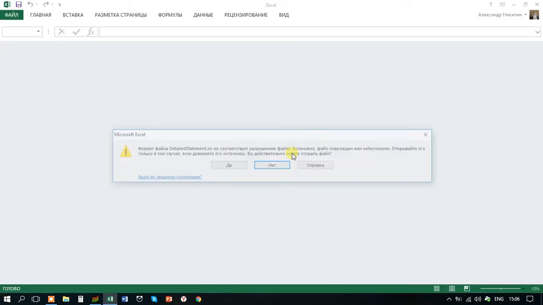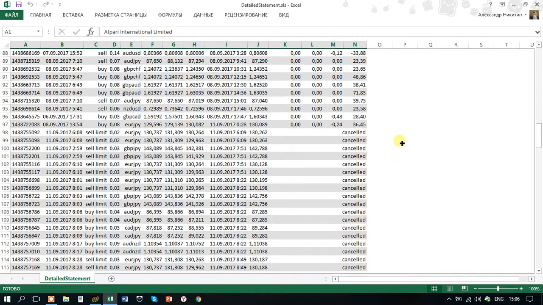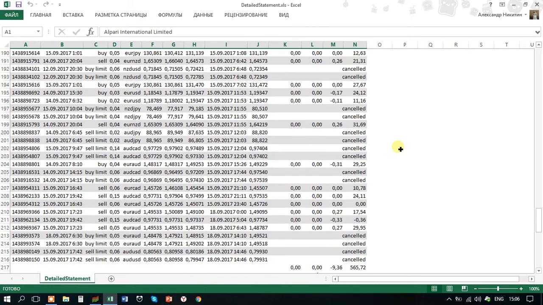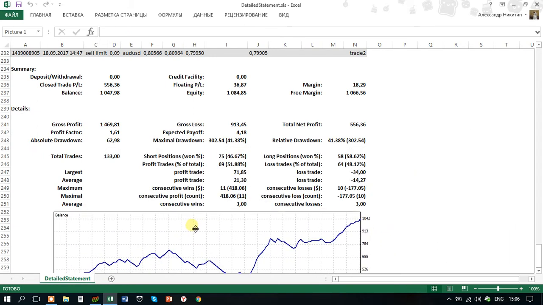If I open that in Excel spreadsheet, I can edit the file, and you will see why I need to edit the file. Okay, now it opened. My broker is Elpuri, if you are interested. I don't do broker recommendations, but in case you are interested.